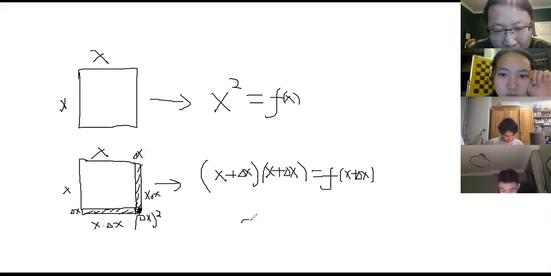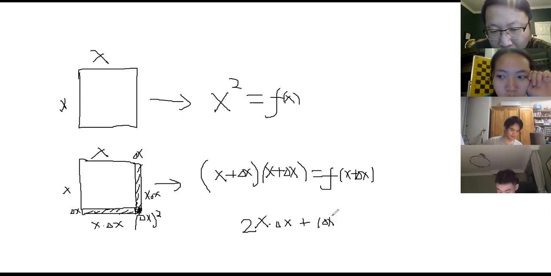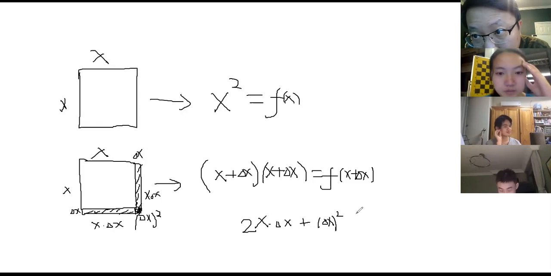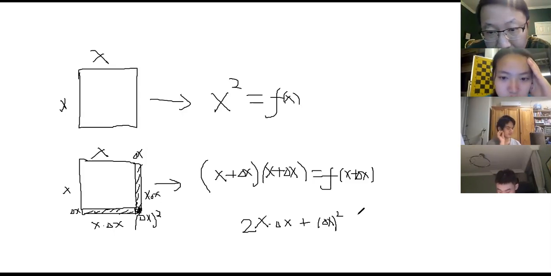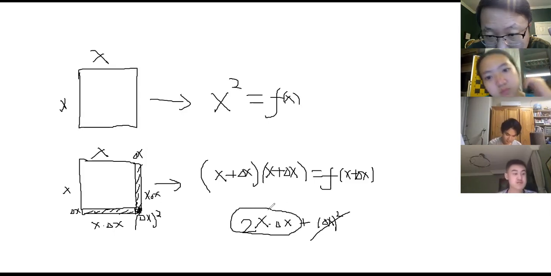That shaded area adds up to 2x times delta x plus a little delta x squared. When this change is really, really small, that is our derivative, the concept. So this one is gone, a very small thing times a very small thing is gone, and it leaves this one, correct?